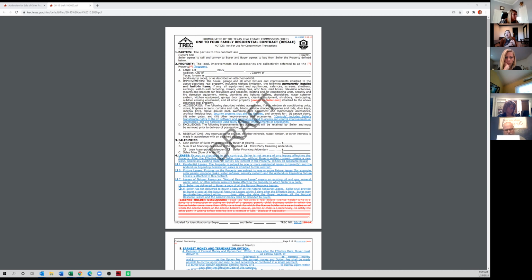So it's going to be all equipment and appliances, valances, screens, shutters, awnings, wall-to-wall carpeting, mirrors, ceiling fans, attic fans, mailboxes, television antennas, mounts and brackets for televisions and speakers, heating and conditioning units, security and fire detection equipment, wiring, plumbing and lighting fixtures, chandeliers, water softener system, kitchen equipment, garage door openers, cleaning equipment, shrubbery, landscaping, outdoor cooking equipment, and all other property attached to the above described real property. Oh, it's a lot in there, right?